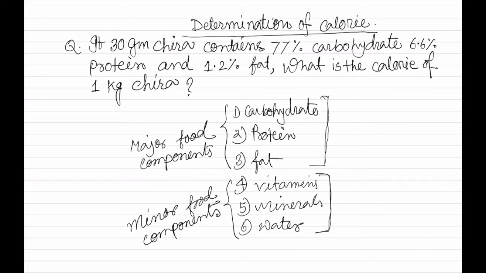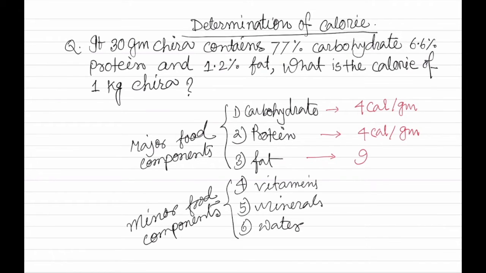With the help of an explanation, we can explain that per gram carbohydrate contains 4 calorie energy, per gram protein contains 4 calorie energy, and per gram fat contains 9 calorie energy.